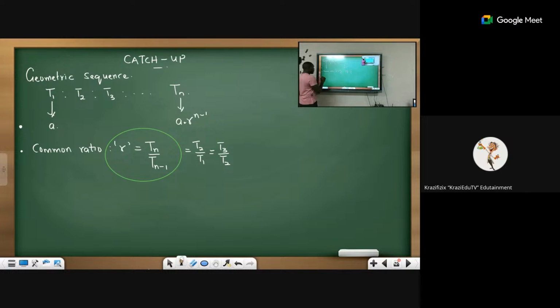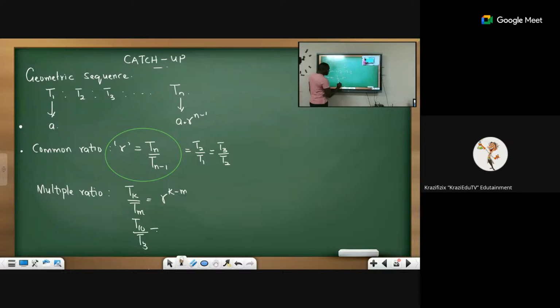Then we spoke about multiple ratio, where we said Tk over Tm would simply be R to the power of k minus m. For example, check if I have T10, examiner has given me T10, and they have given me T3.